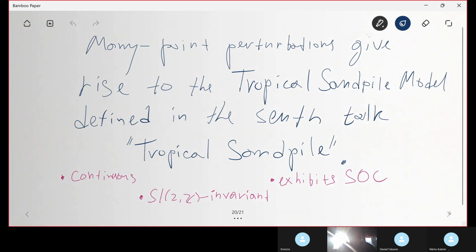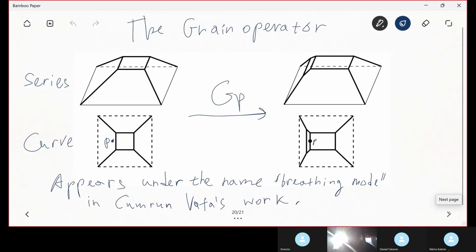Okay, just to give you a flavor of how it looks, this model is locally made of grain operators, GP operators. And you can see the picture of how it acts. You take this thing on the left, which is represented either by the plot of the series, which is actually a polynomial in this case, a curve, and the point outside of the curve. And the operator GP shrinks the face of the curve, and you see the result on the right.